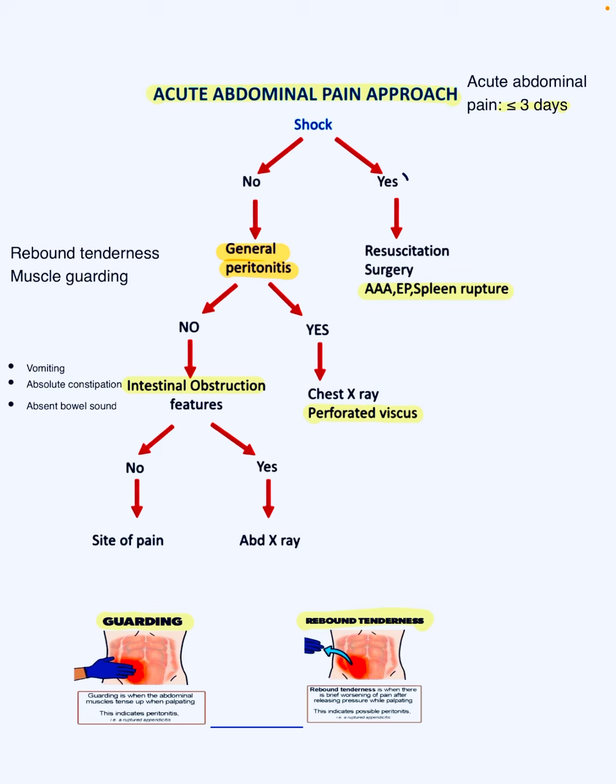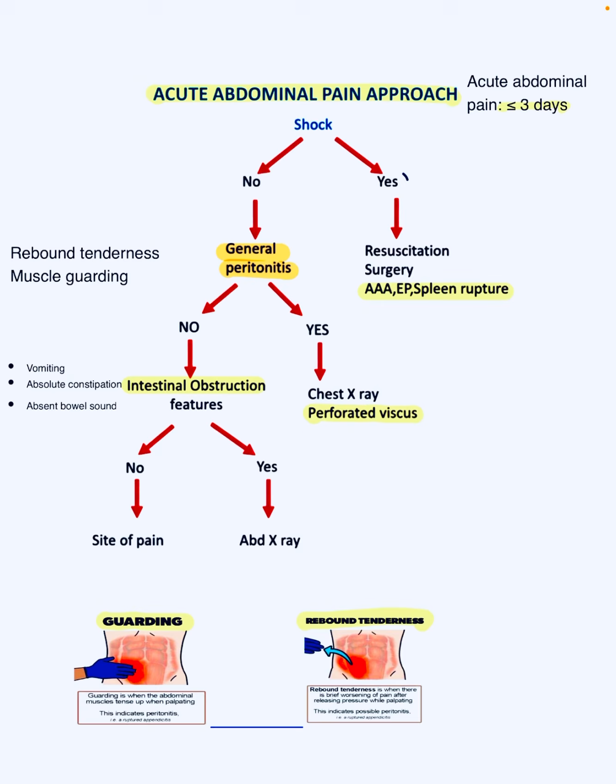If shock is not present, then we should assess whether there are signs of general peritonitis, that is muscle guarding and rebound tenderness. If signs of general peritonitis are present, we should do chest x-ray and look for perforated viscus. We usually find fluid under the diaphragm.